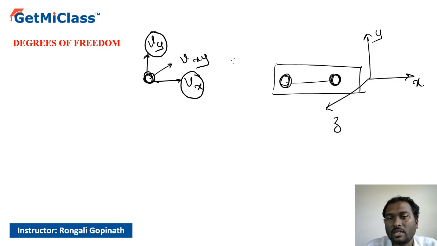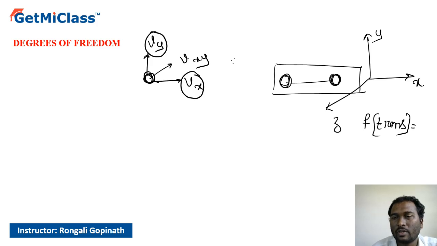We can distinguish whether the particle is going along x-axis, y, or z-axis, right? So it has 3 degrees of translational freedom, or I can say that the degrees of freedom related to translational motion are 3 in number, right? So degrees of freedom in translational motion for this are 3.